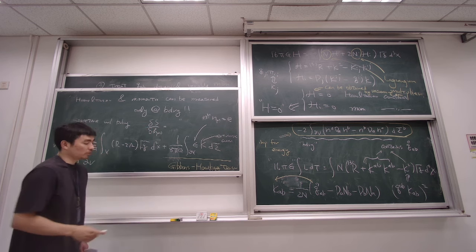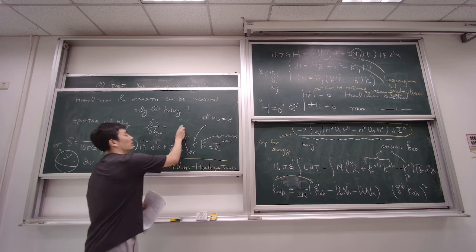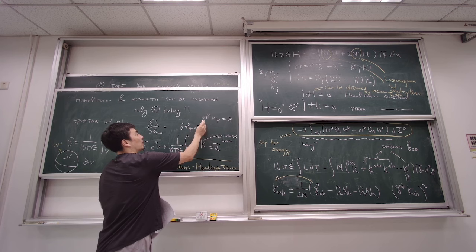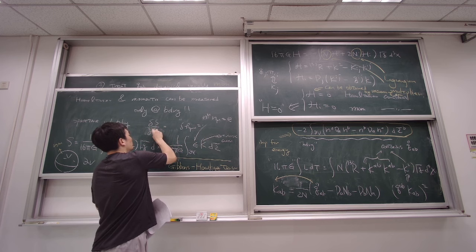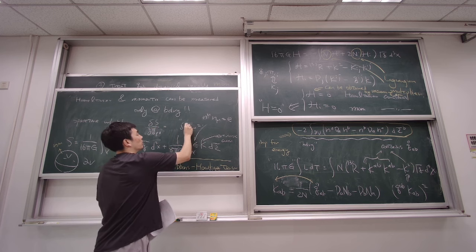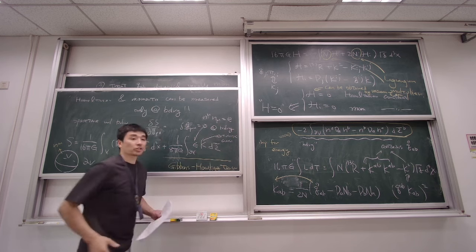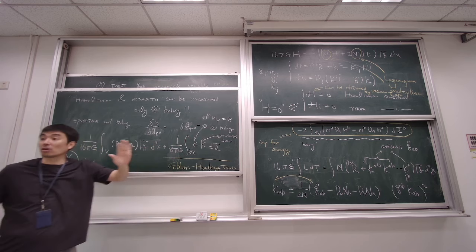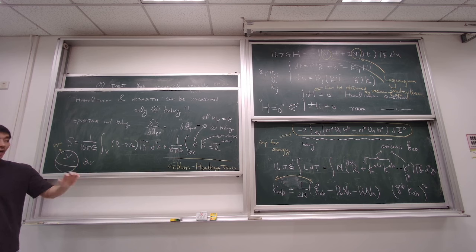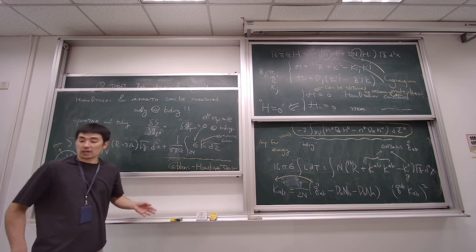Here usually we only look at the bulk term, and at the boundary delta g_mu nu is equal to 0 to derive the Einstein equation. But if you assume that delta g_mu nu is non-zero at the boundary, you have to include this term to cancel the boundary term.